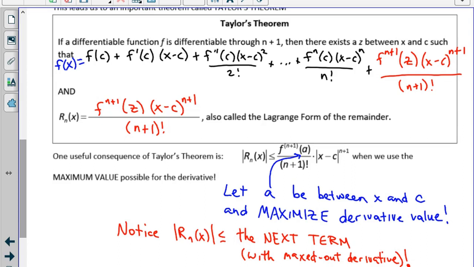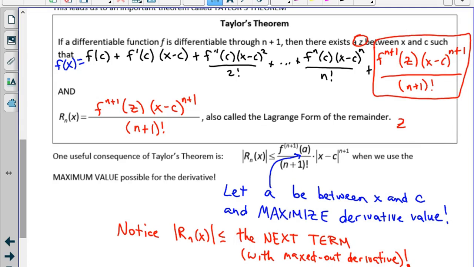We have this whole polynomial, which I wrote in black, and then plus the remainder, which is in red. This z is actually the exact value that when you plug it into the n plus 1th derivative, that exactly equals the remainder.